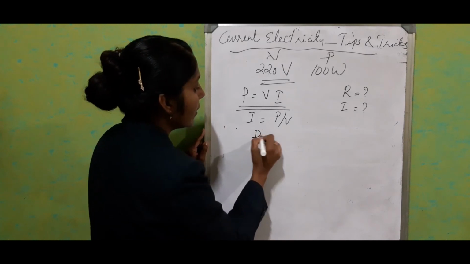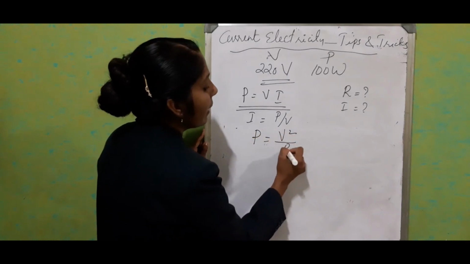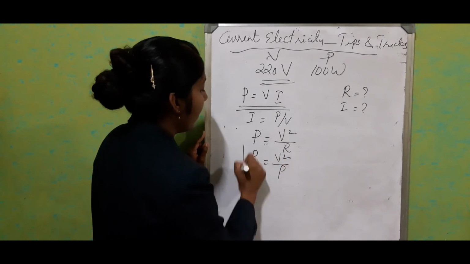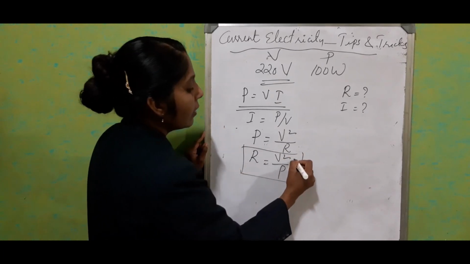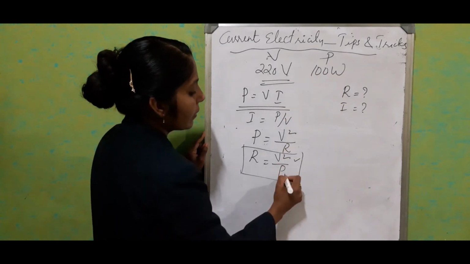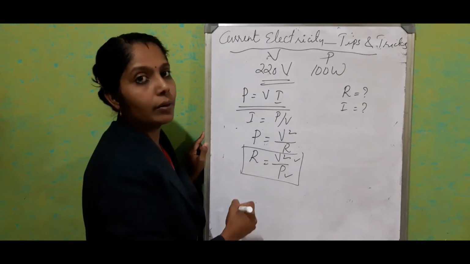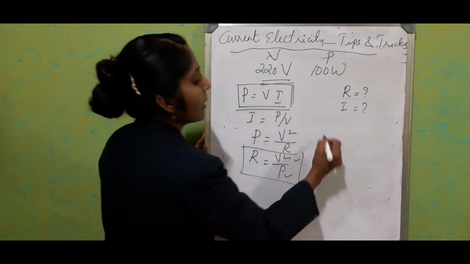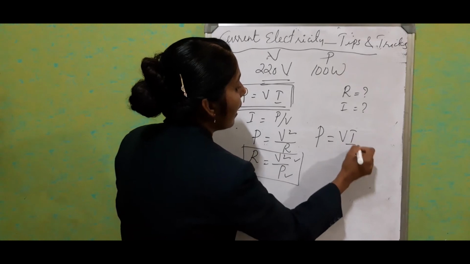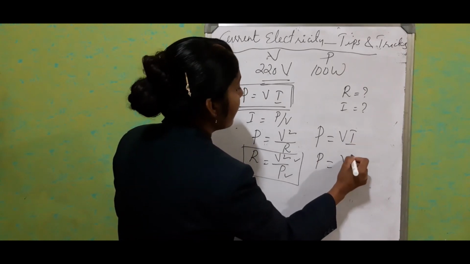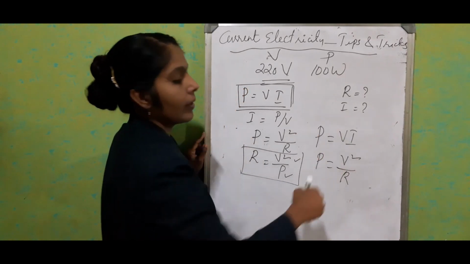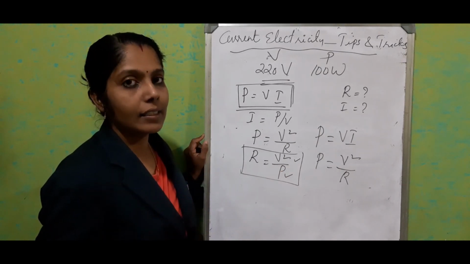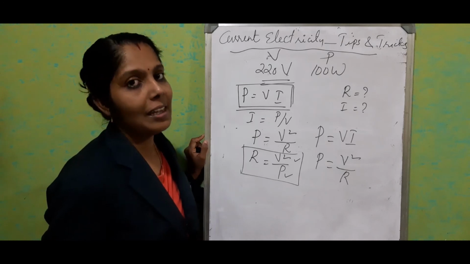We studied the equation P is equal to V square by R, or R is equal to V square by P. V is available here, power is also available here. From that we can find out the resistance. So these two equations are very important. Just remember, P is equal to V into I and P is equal to V square by R. From these equations we can find out the safe current and the resistance offered by the electrical appliances.